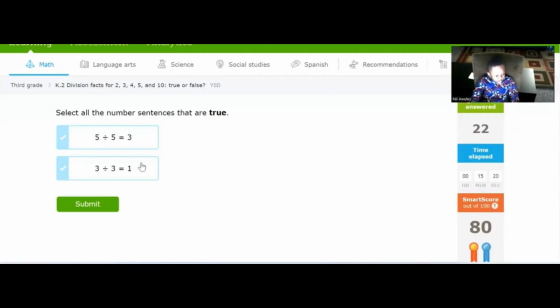This one is close. This one is correct. This answer is true because 3 divided by 3 is 1, because 3 times 1 is 3.